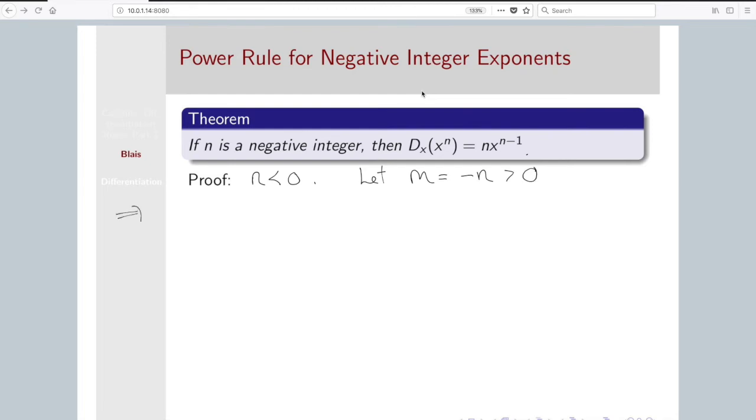This means x to the n, our function of concern, can be written, just using the rules for exponents, as 1 over x to the negative n, but that's 1 over x to the m, using this new convention that we have. And m, of course, by construction, was positive. And this, x to the m, we will now call f of x, and directly use the reciprocal rule.